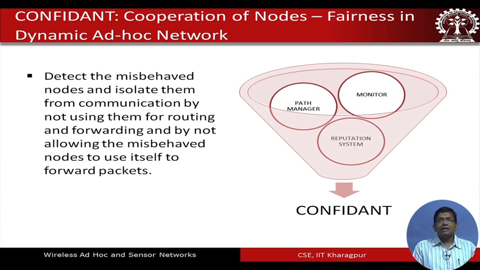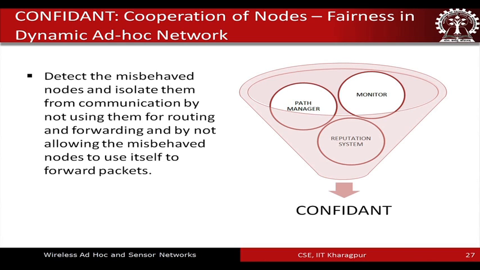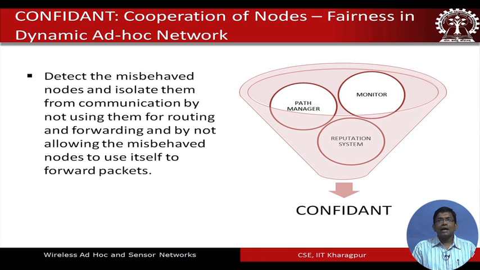The reputation system, based on the behavior, assigns reputation values to these different nodes, and the path manager, based on the reputation values maintained by the different nodes, calculates which paths comprising which nodes would lead to higher reliability of delivery of packets.